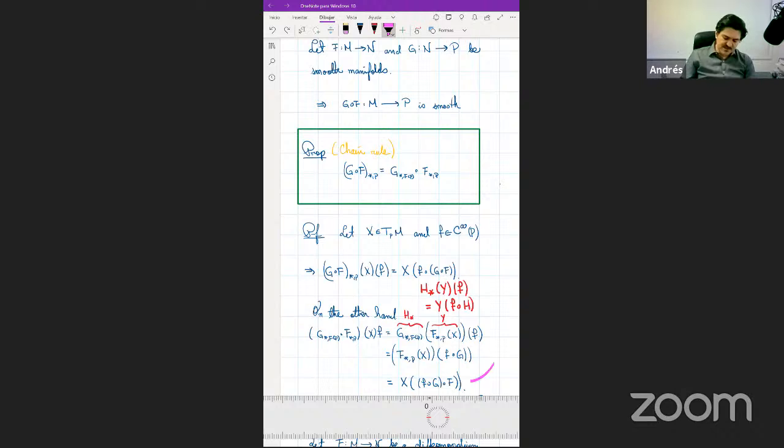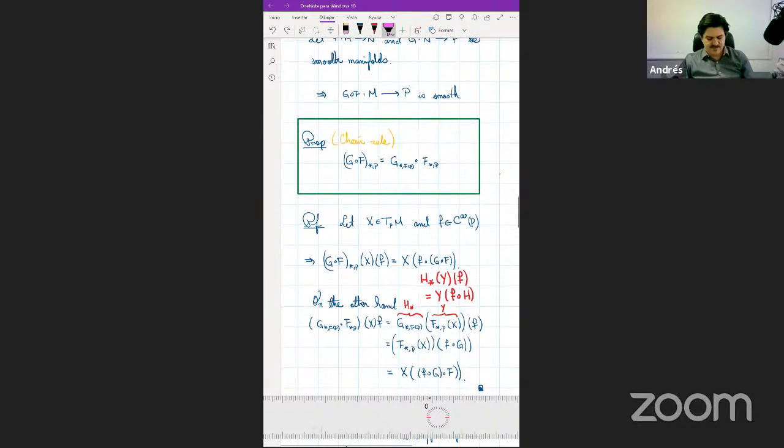And indeed, these two are equal. And so we have the chain rule. Any questions?